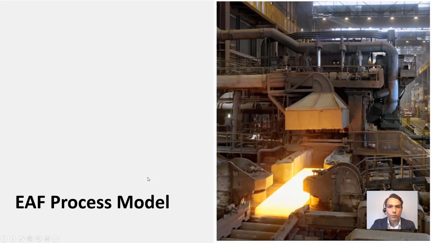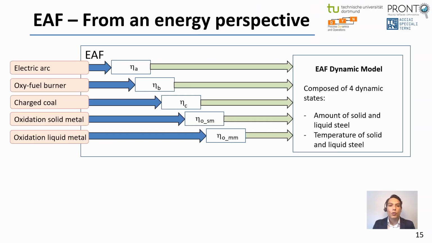Let us now introduce the electric arc furnace process model. So we envision the electric arc furnace as follows. It's a white box with different types of energy inputs: the electric arc, the oxy-fuel burner, the charged coal, oxidation of solid metal, and oxidation of liquid metal.